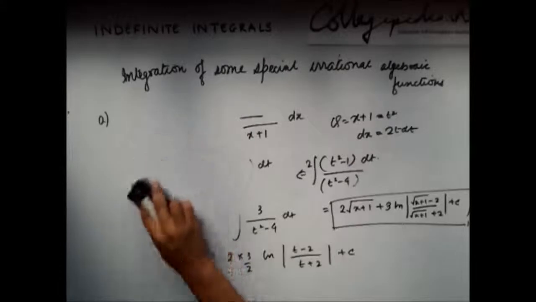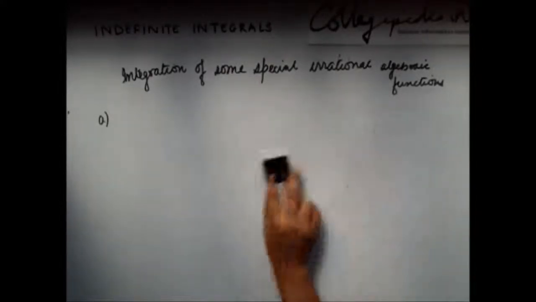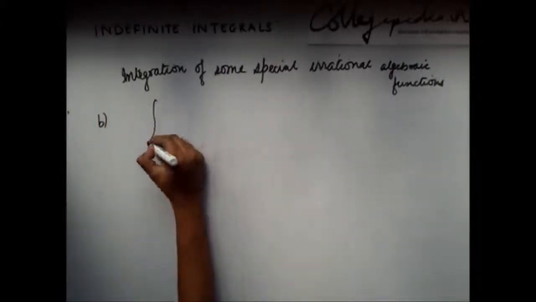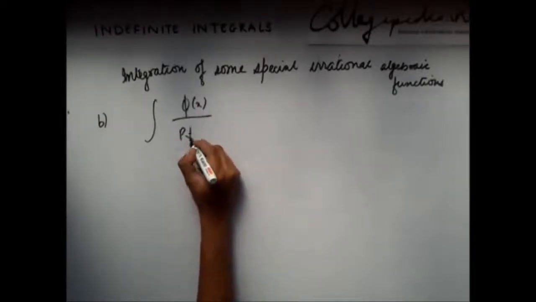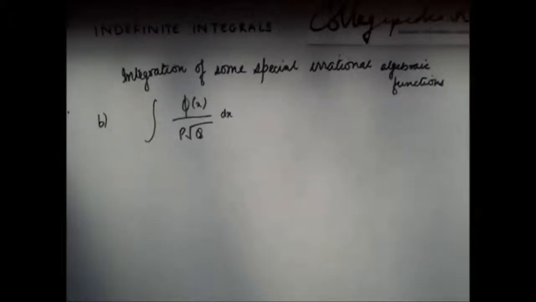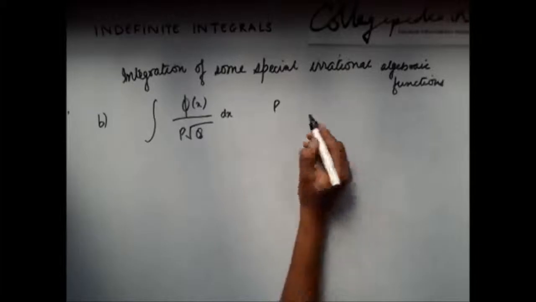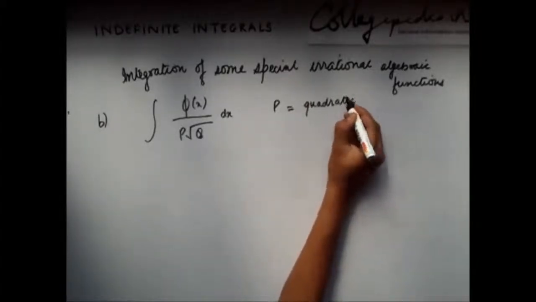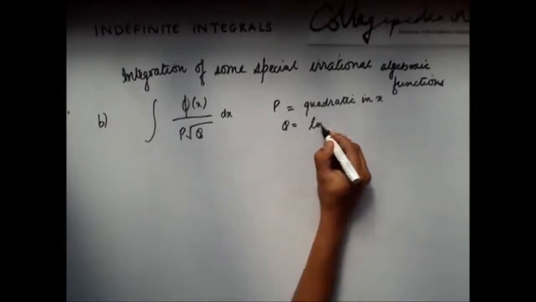The next type of integral which we may encounter is integration of phi x divided by p root q x. Now in this case your p is a quadratic in x and your q is still linear in x.